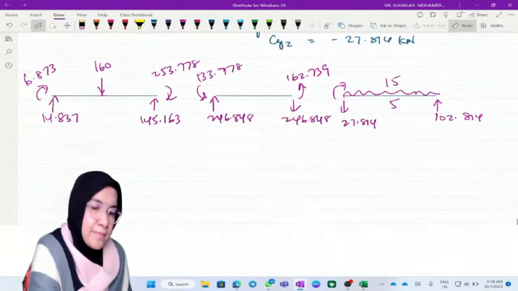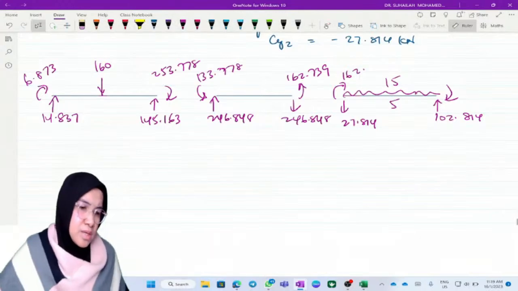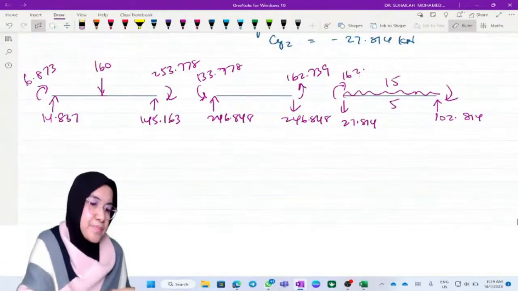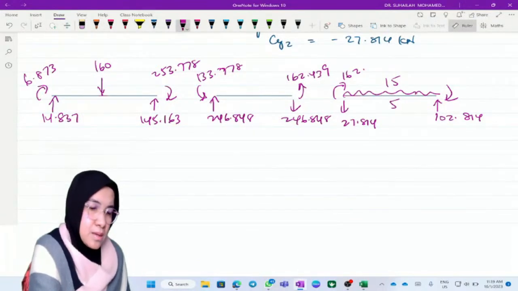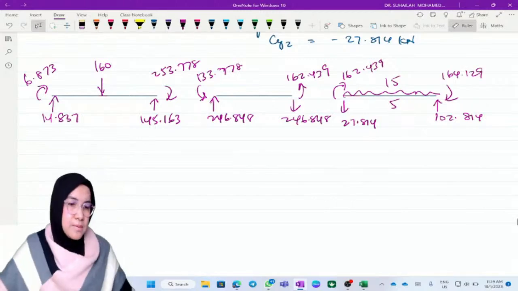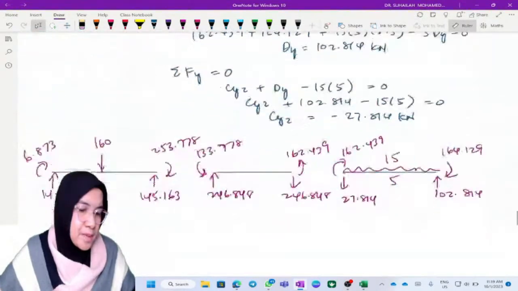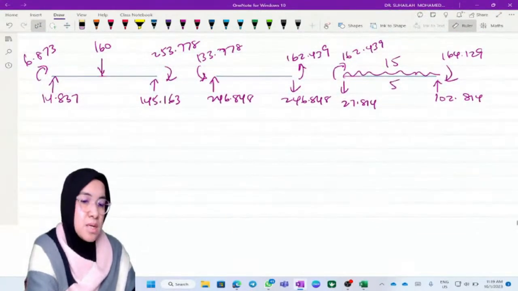Positive, positive. This one is 162.439, and 164.129.